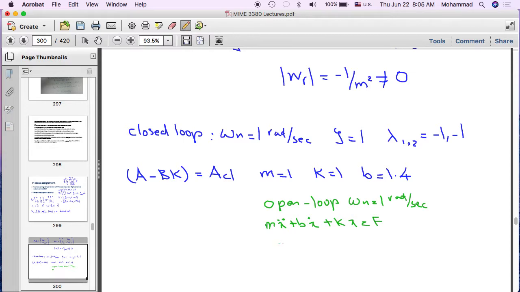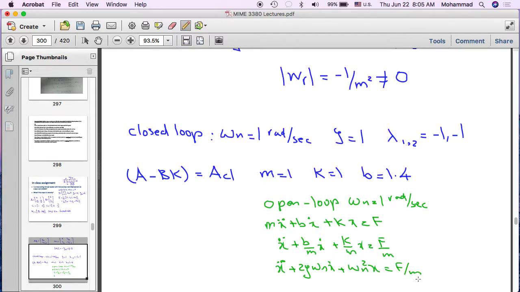So this becomes x double dot plus b over m x dot plus k over m x is equal to f divided by m, which can also be written as x double dot plus 2 zeta omega n x dot plus omega n squared x is still equal to f over m.